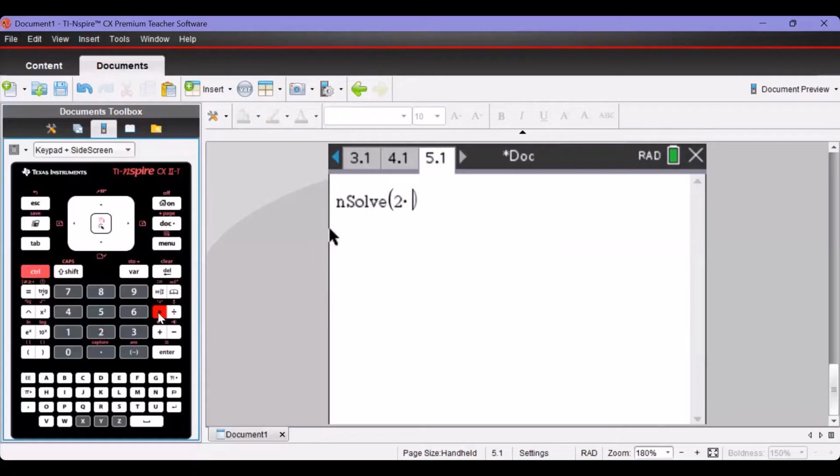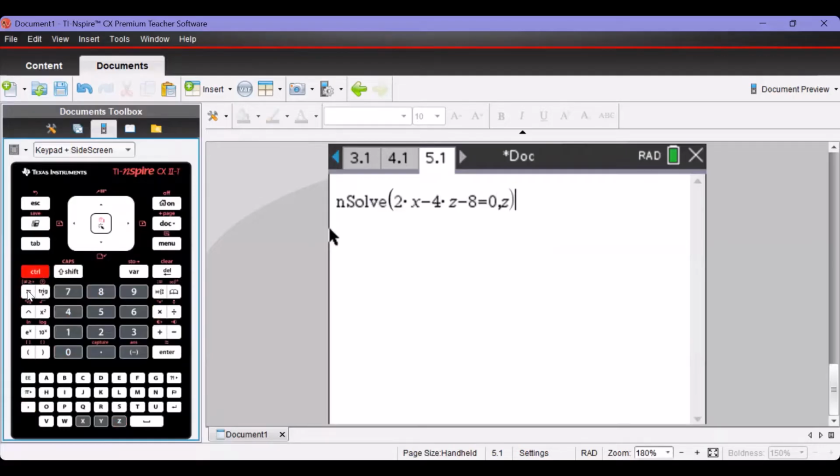And then let's now enter the equation. So 2 times x minus 4 times z minus 8 is equal to 0, comma, we want to solve for z, and then arrow to the right and add the condition x equals 0.